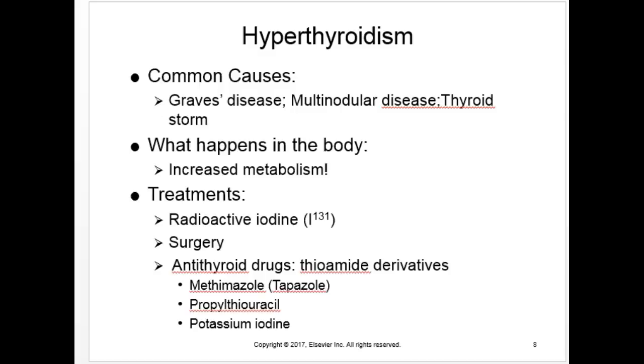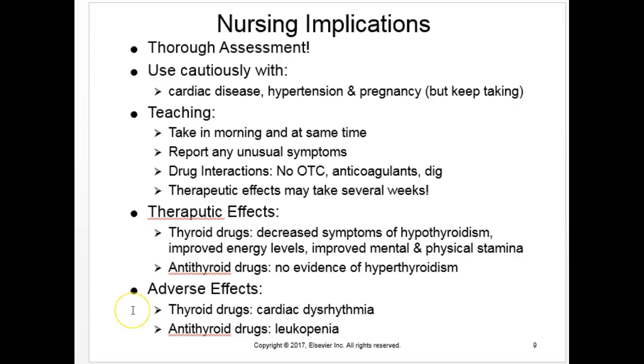And for treatment, there are two options. Radioactive iodine is implanted in the thyroid, and it destroys the thyroid gland, so that's one. And then surgery, to remove all or part of the thyroid gland. And if you have your thyroid gland removed, you need thyroid medication for the rest of your life.